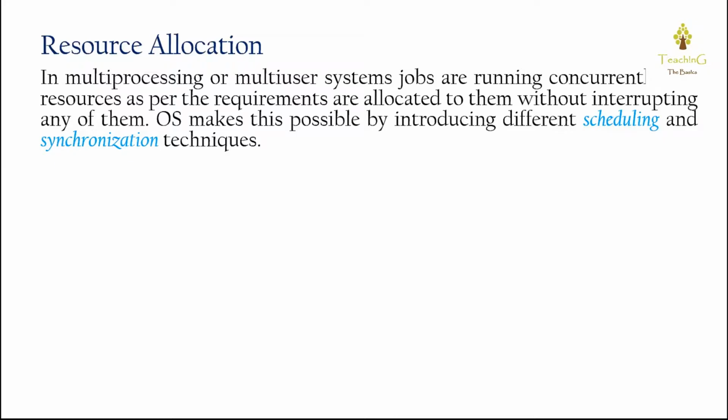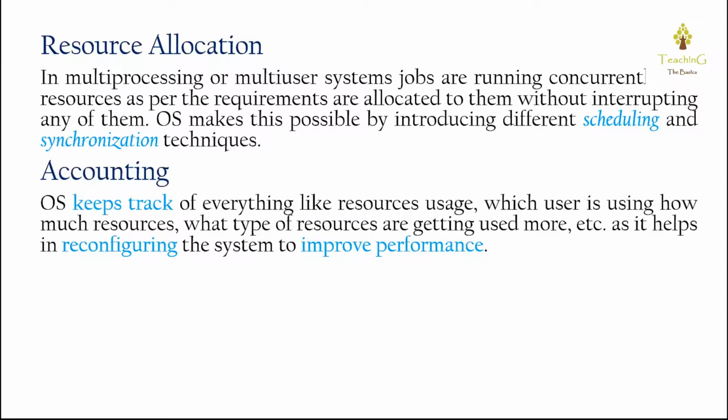So the next thing is accounting. The OS keeps track of everything, like resource usage, which user is using how much resources, what type of resources are getting used more, etc., as it helps in reconfiguring the system to improve performance. Accounting means it is giving some statistics.